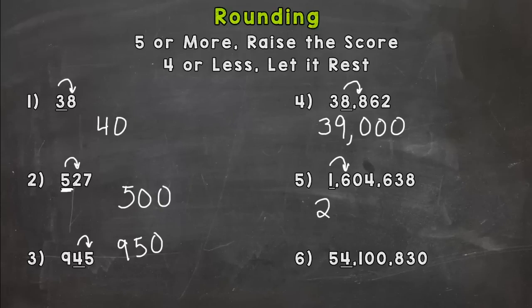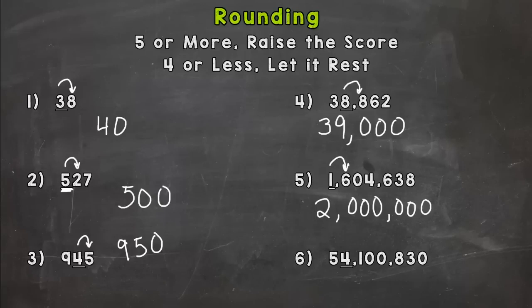And then we need to think, what happens to all the digits to the right of the millions place? You guessed it, everything to the right is changed to a 0. Now would that be enough zeros? No, we need 3 more.